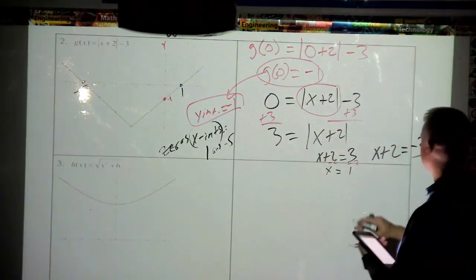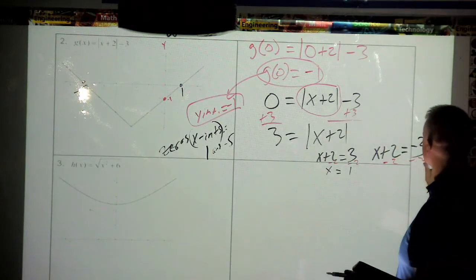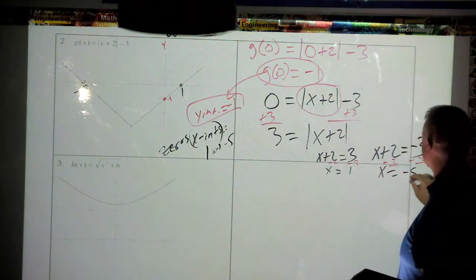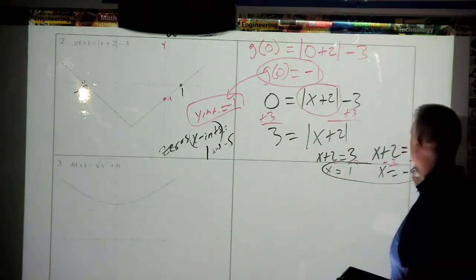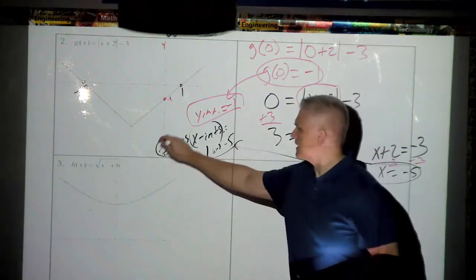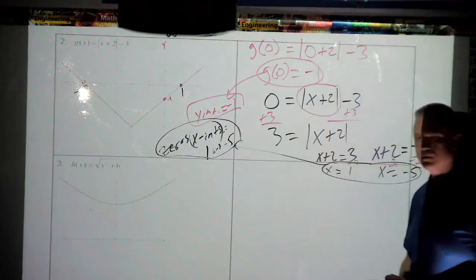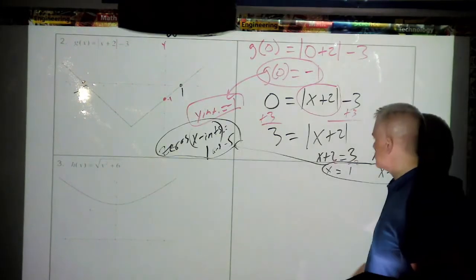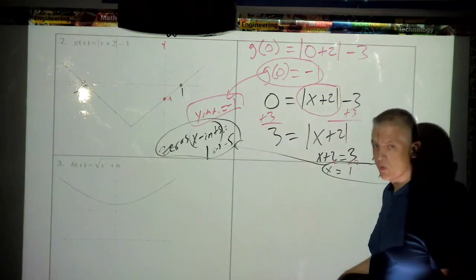We subtract 2 again here, and we get x is negative 5. So 1 and negative 5, look at that. We are correct again. Feel free to go back, rewind that, and make sure that you can solve absolute value equations.